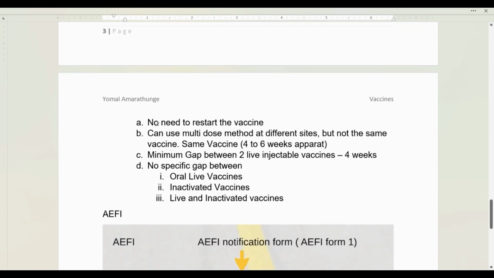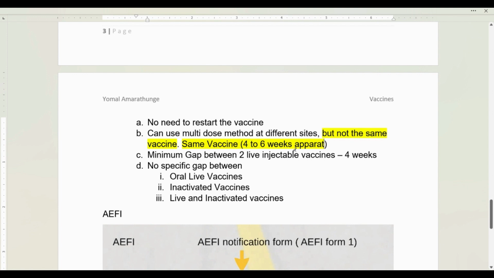For missing vaccines, there's no need to restart the vaccination, and we can use the multi-dose method at different sites, but not the same vaccine. These multiple doses can be given from different vaccines, but not the same vaccine. If the same vaccine is missed, we have to have a 4 to 6 weeks gap between the same vaccines usually.